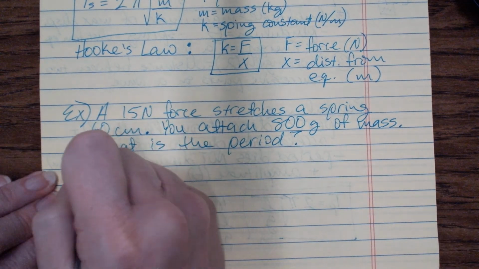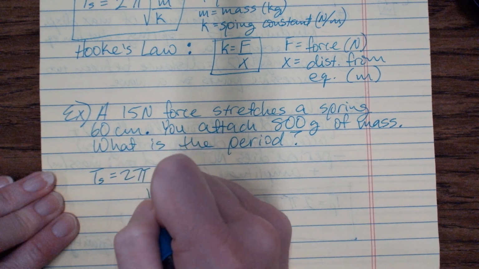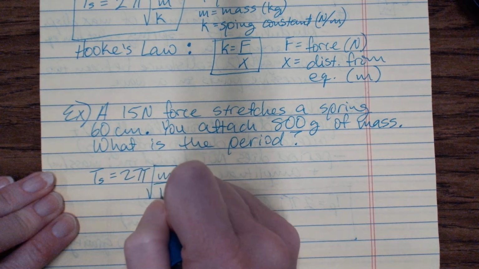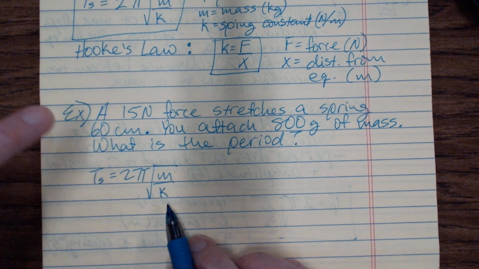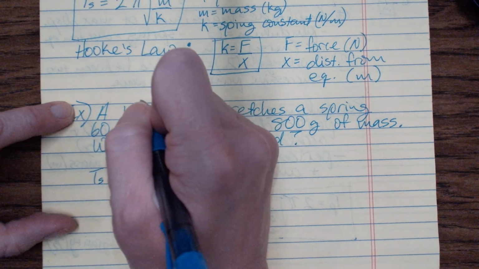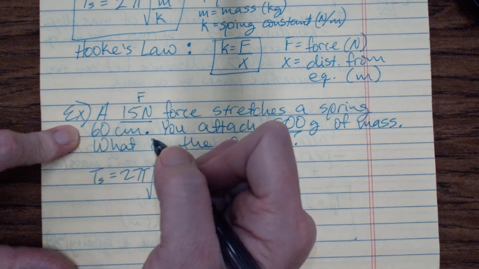So we know that T of a spring is equal to 2 pi square root m over k. But we don't have k, right? We have 15 newtons, which is force. We have 60 centimeters, but we don't like centimeters, right?